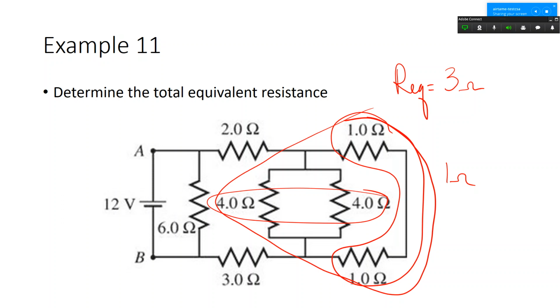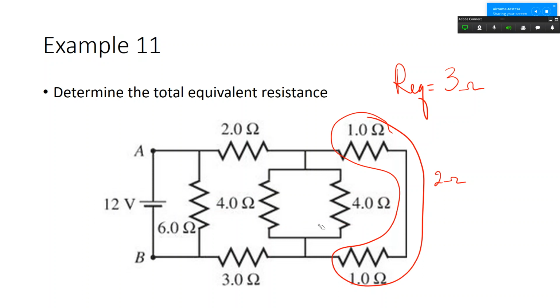There is a different way of looking at this, though. I just want to point your attention real quick to something. If I were to combine these two into a 2 ohm resistor, what would be the relationship between that 2 ohm resistor and this and this? Are they all in parallel together, or are these two parallel together and then that is in parallel with this? Or does it not make a difference?